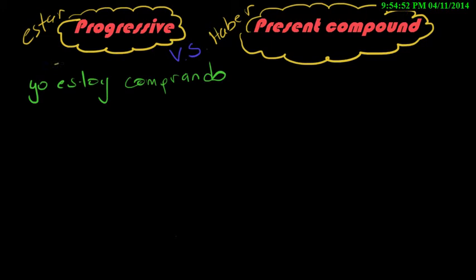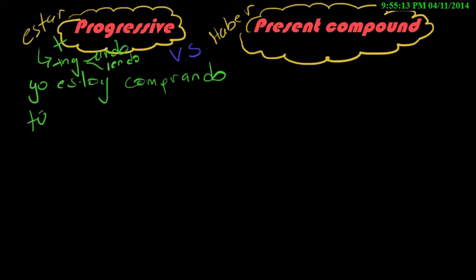In English is the ing ending. In Spanish, the ando, yendo forms to form the progressive, estar plus this. Yo estoy comprando.